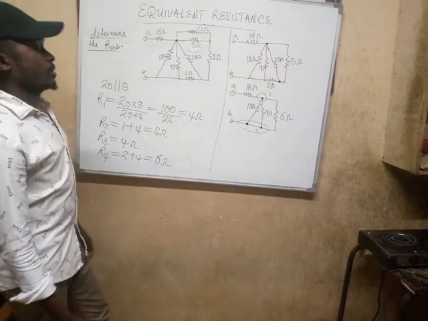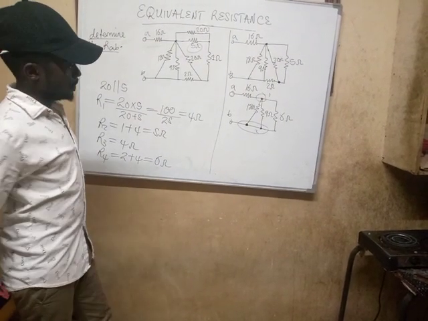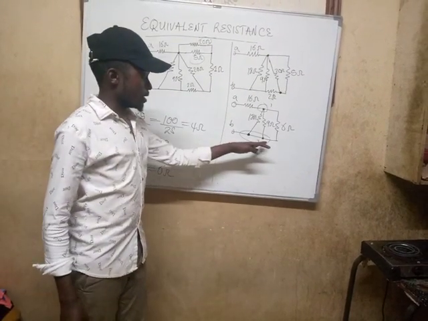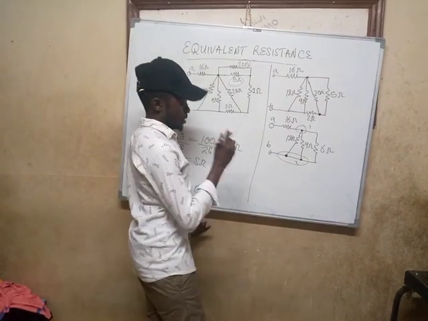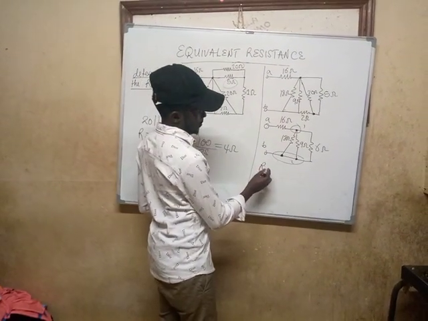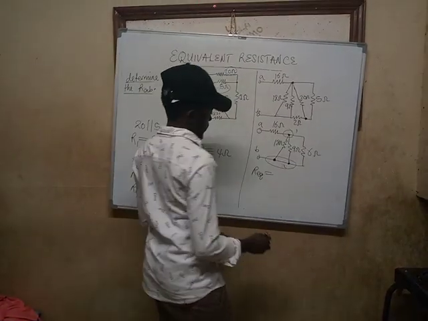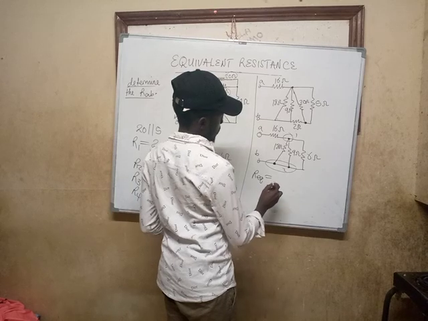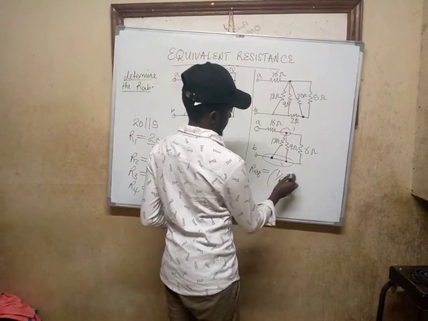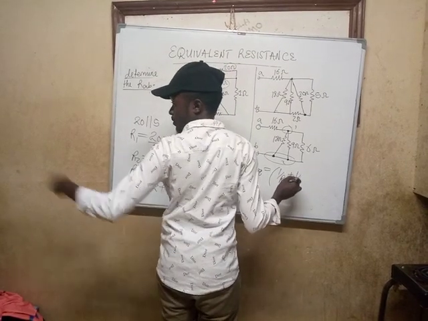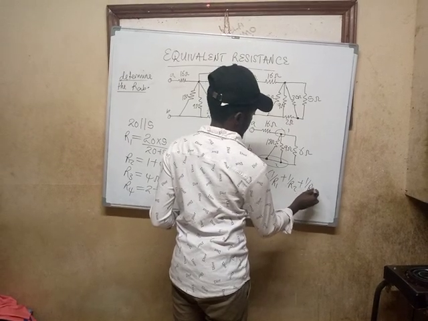So to perform the parallel arrangement method, what do we get? The parallel arrangement method that we use when dealing with more than 2 resistors is: R equivalent is equal to the inverse of 1 over R1 plus 1 over R2 plus 1 over R3.